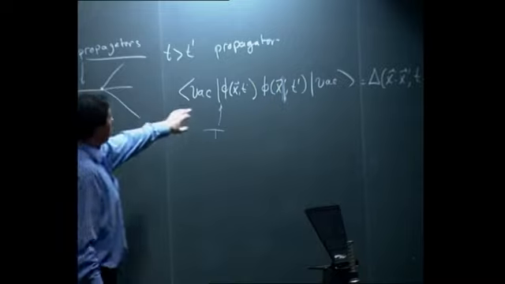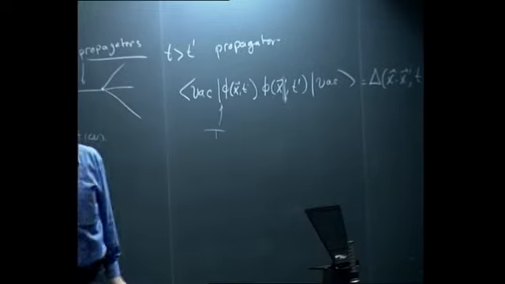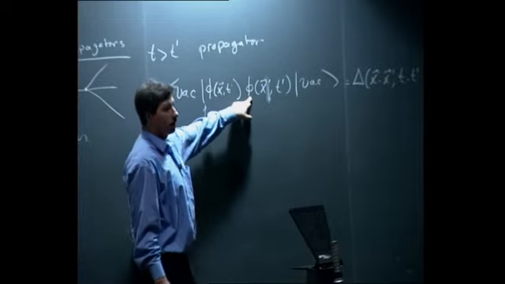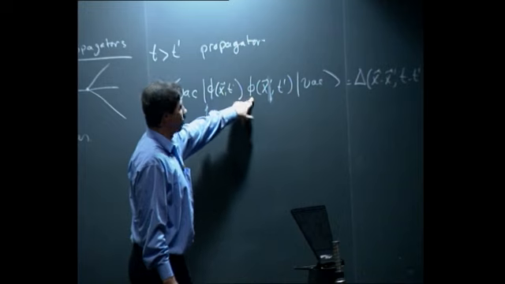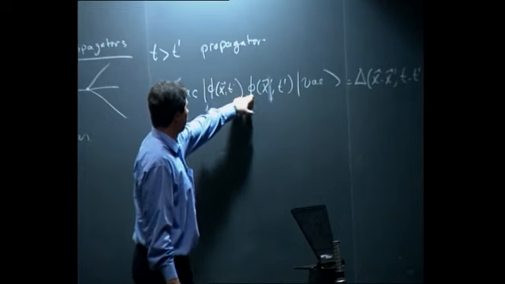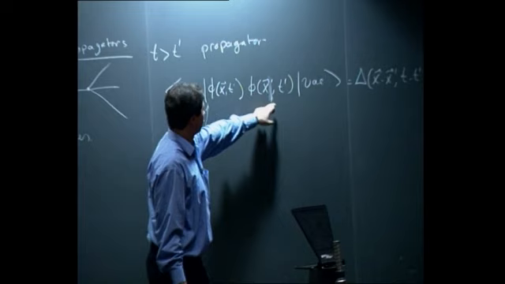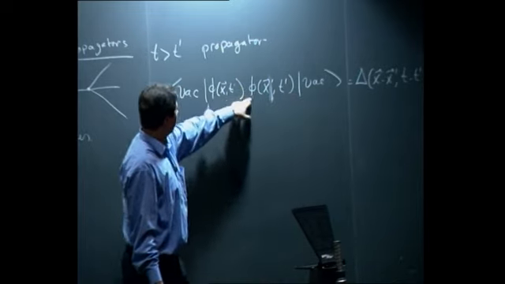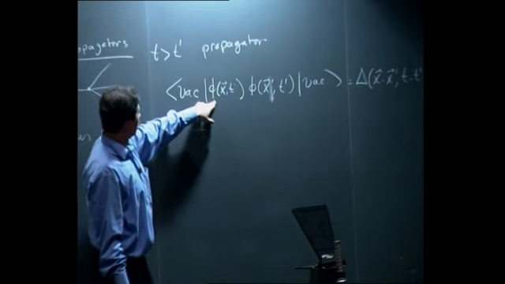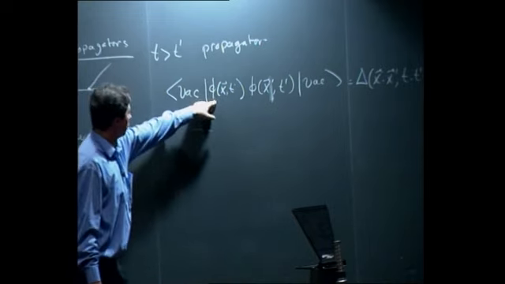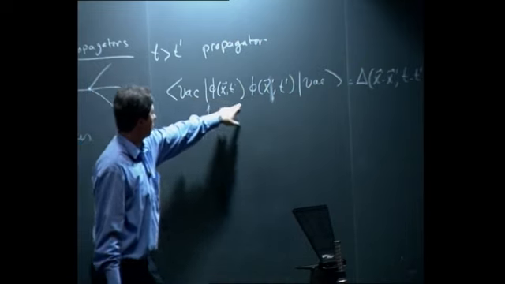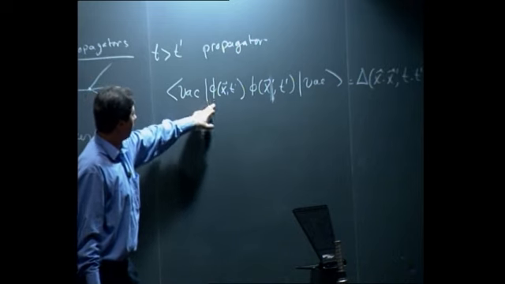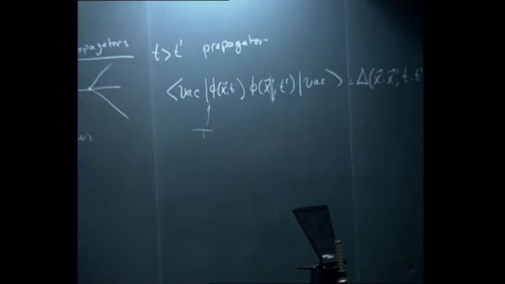Now this I can evaluate by writing down the full expression in terms of oscillators, using the fact that I can write down the field as an expansion in oscillators, where the creation operator should act first on the vacuum because the annihilation operator annihilates the vacuum. And similarly here, this field should only contribute through its annihilation operators, because here first the particle is being created and then it's annihilated. Well, I won't go through the full calculation.